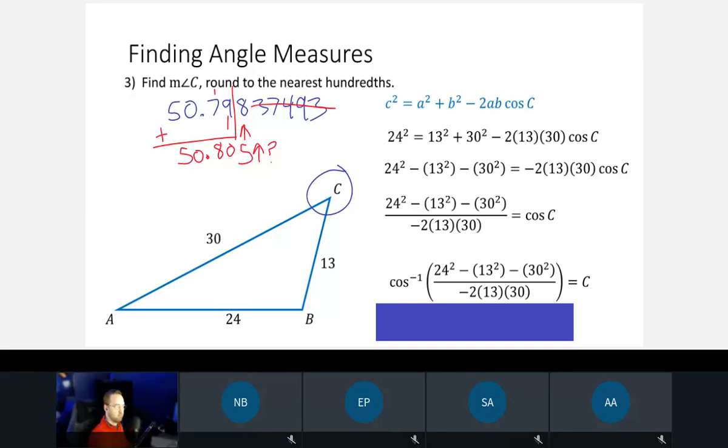Yeah, there you go. And that is the answer. So 50.80 or 50.8, same thing.